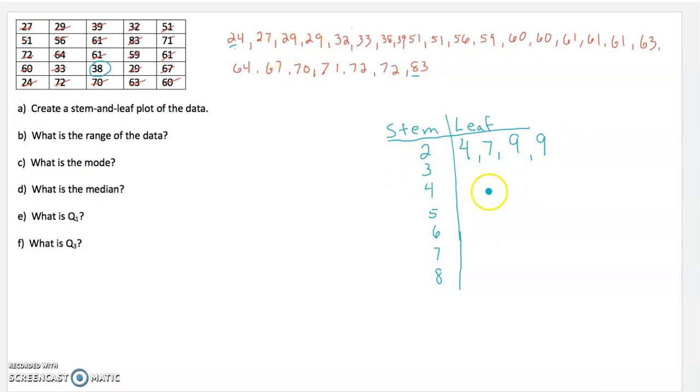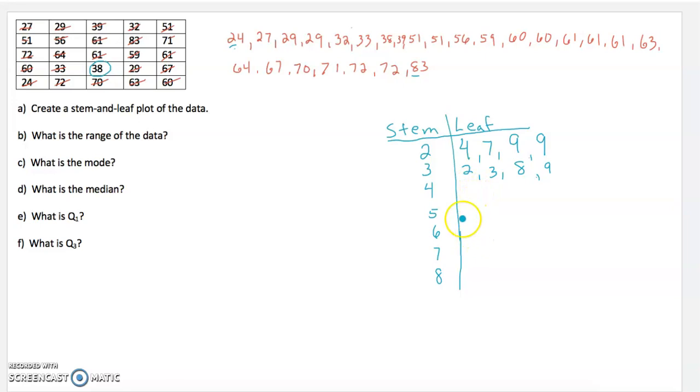For the 3s, I'm going to write 2, 3, 8, 9. Now, there are no numbers in the 40s, so there are no leaves for the 40s, but I'm not going to put a 0 there because that would represent 40.